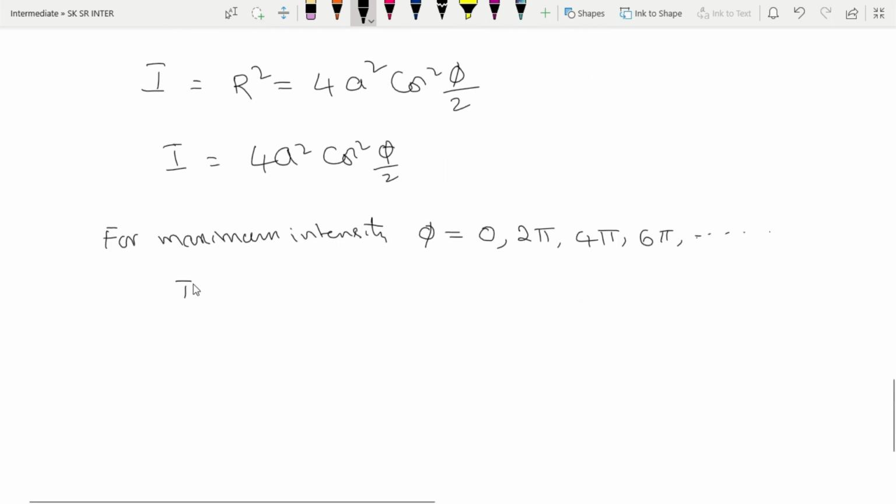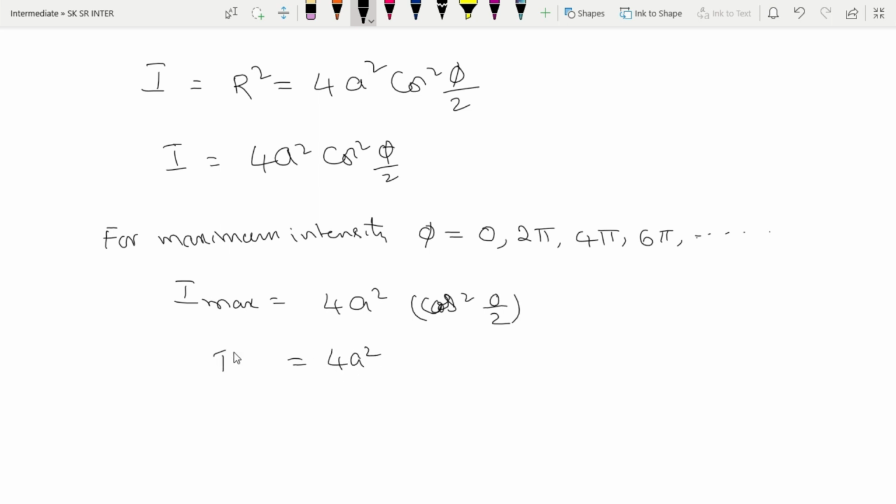So I max is equal to 4a square into cos square 0 by 2, so this will be 1, that is equal to 4a square, maximum intensity.